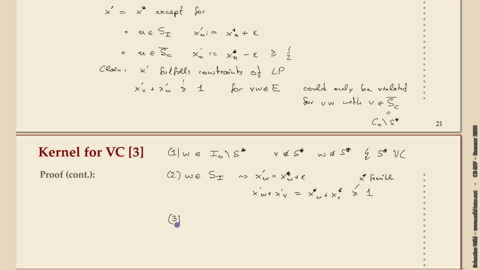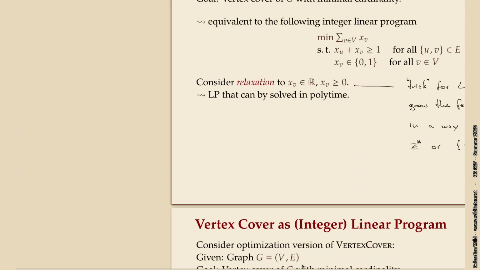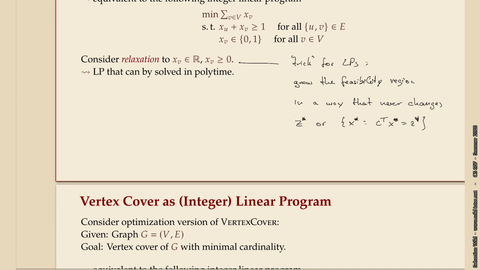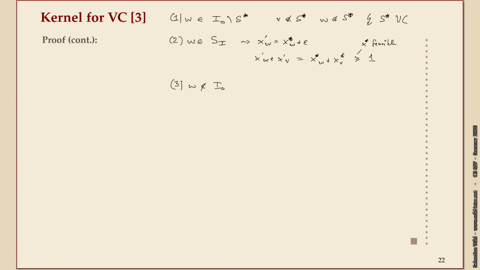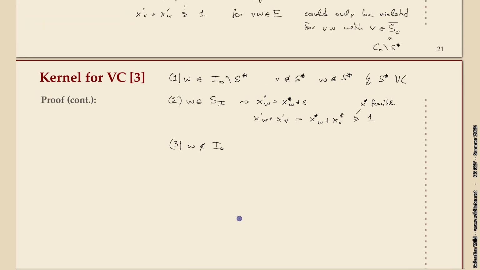So then the third case is that W is not in I0. This was in I0, but not in S. This was in I0 and in S star.